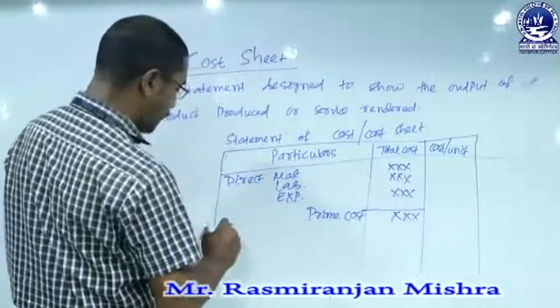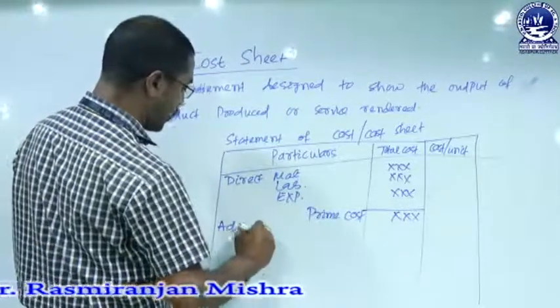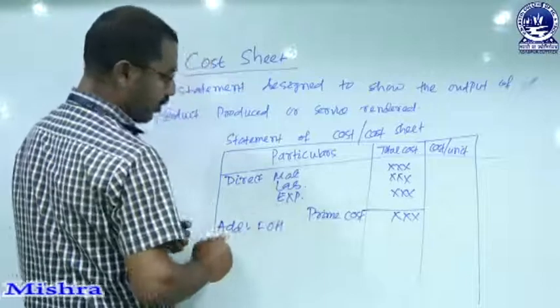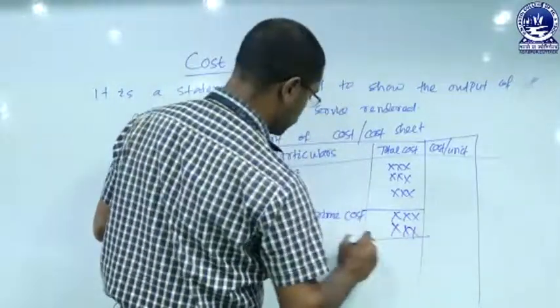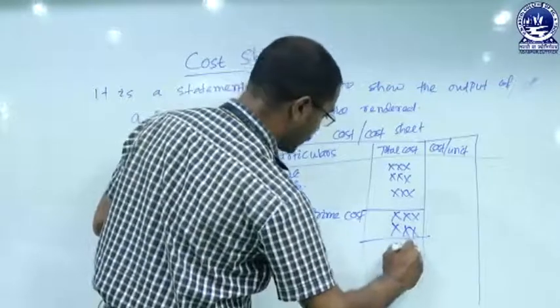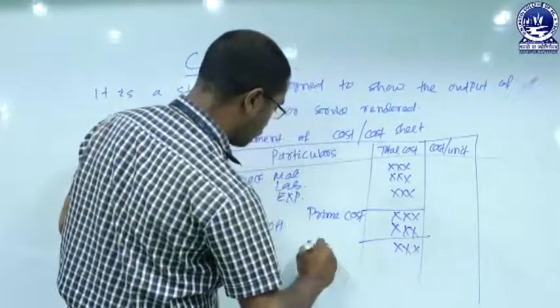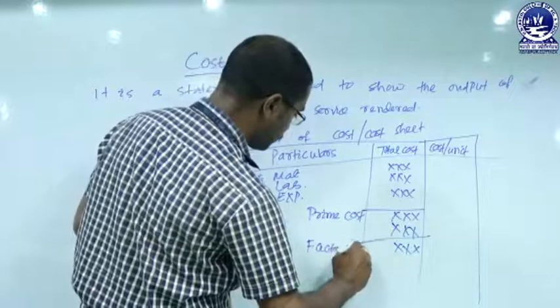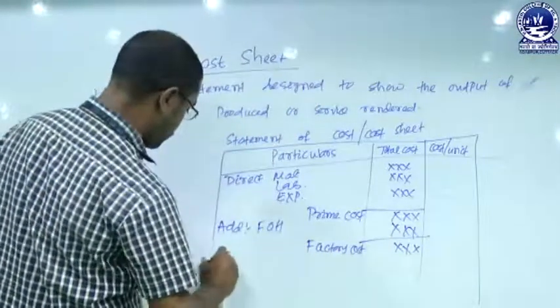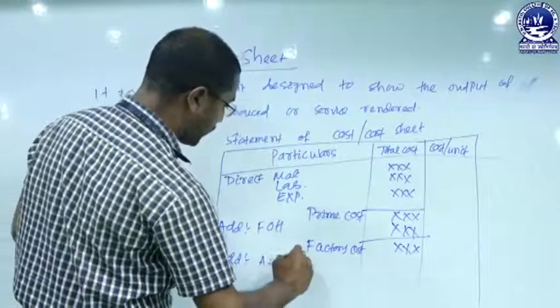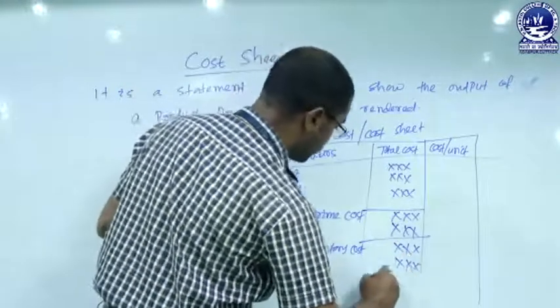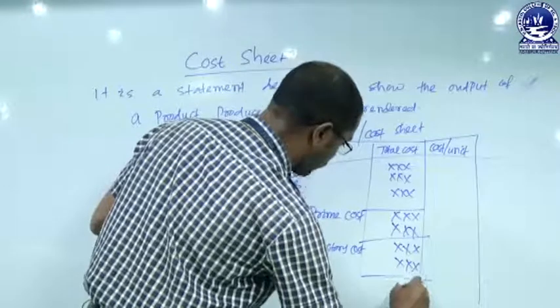Then when we add prime cost with factory overhead, or works overhead or manufacturing overhead, that is called factory cost. And when we add factory cost with office or administrative overhead, this represents the cost of production.